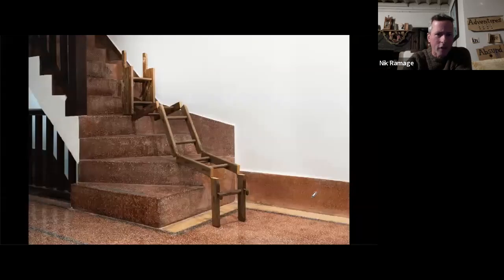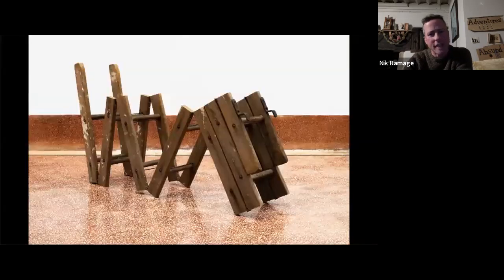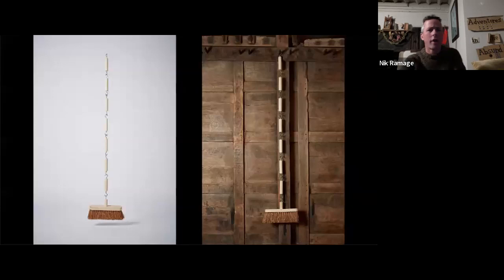So here's the ladder climbing some stairs at a gallery in Hong Kong. It makes perfect sense that it's always shown on stairs, because they're doing the same thing. And there it is, semi unwrapped on the floor. So this one is a broom.